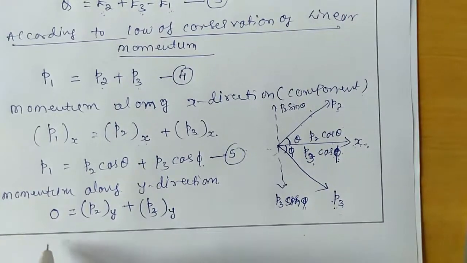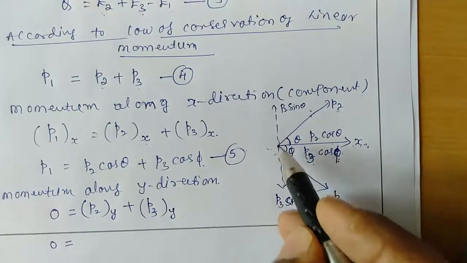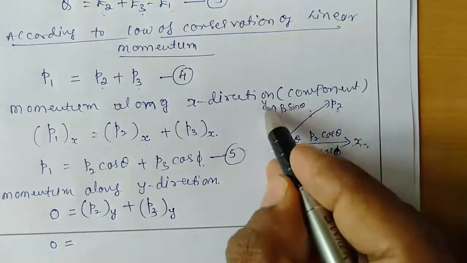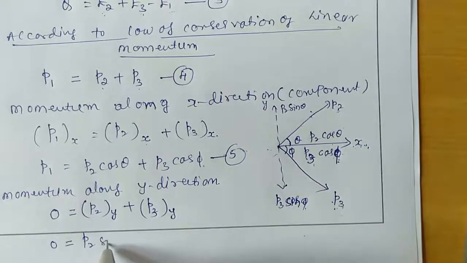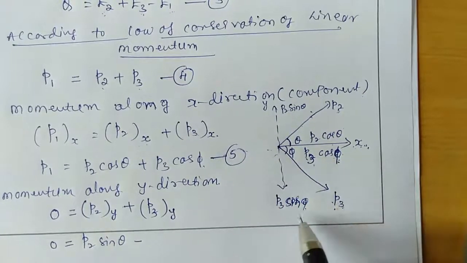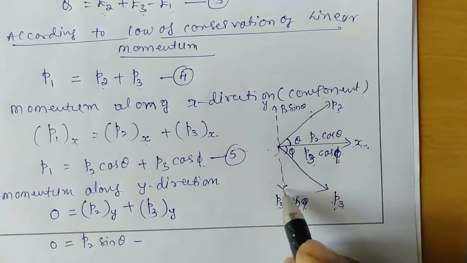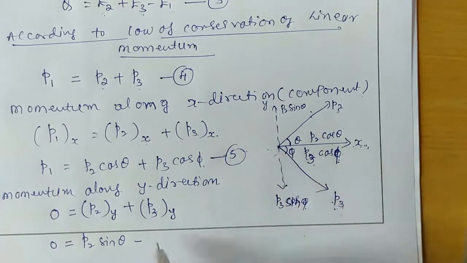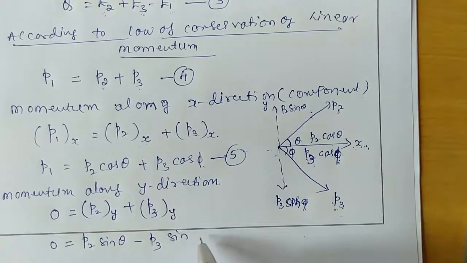Okay, so therefore 0 is equal to, so in this diagram we can see that the vertical component or the y component of this ejectile is P2 sin theta, right, minus, and this is in the negative y direction, that is the vertical component of the residual nucleus along the vertical direction, it is along the negative y direction, so therefore it is P3 sin pi.